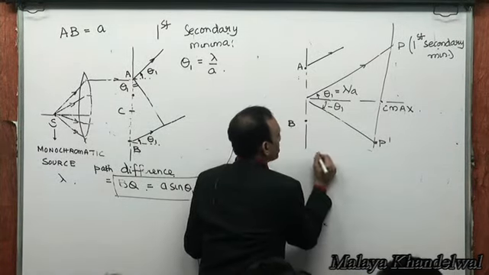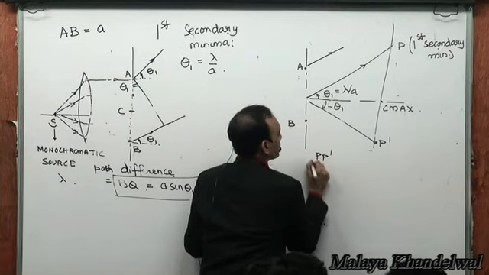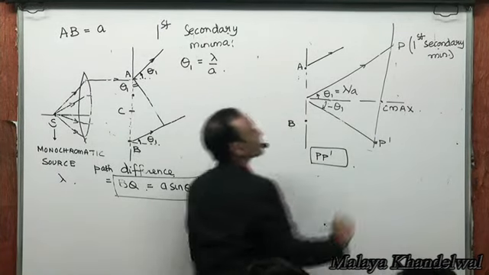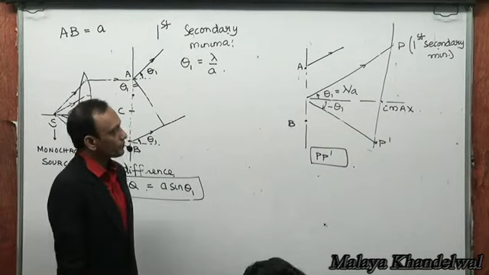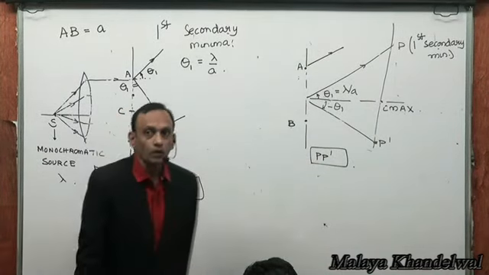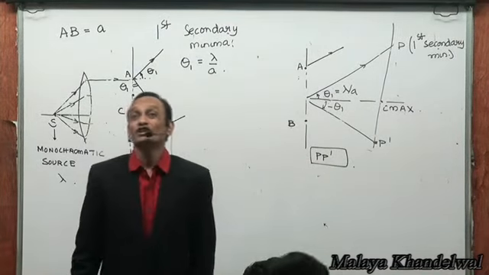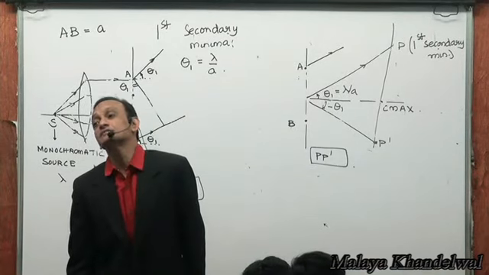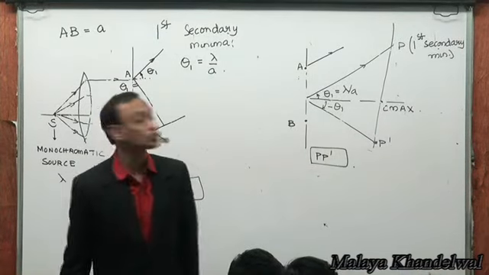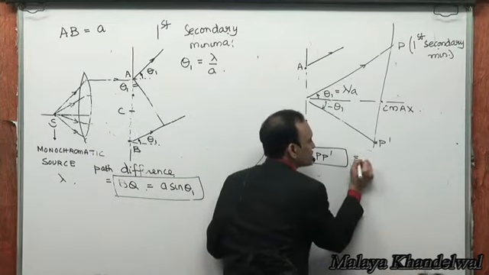Now this PP prime is called the linear width of the central maximum.